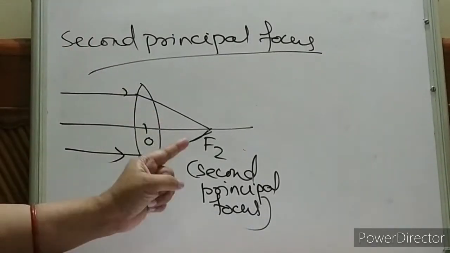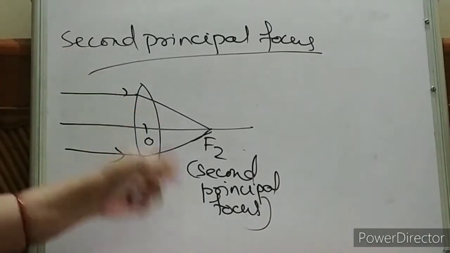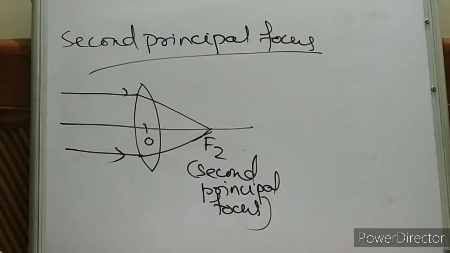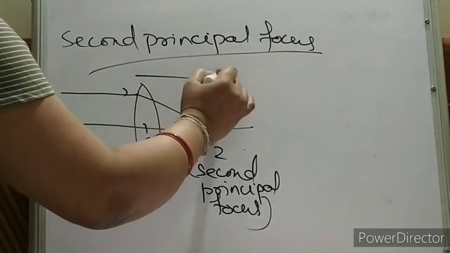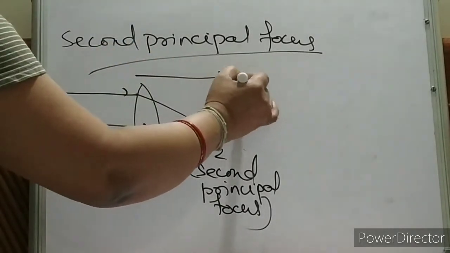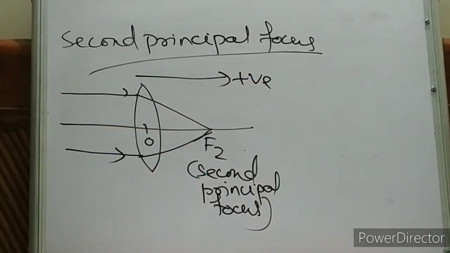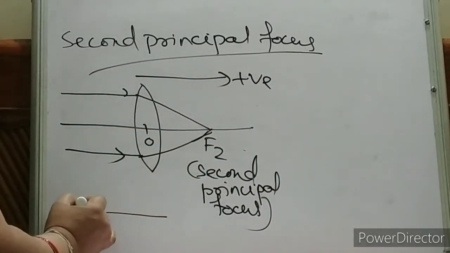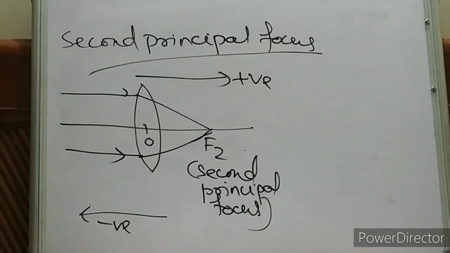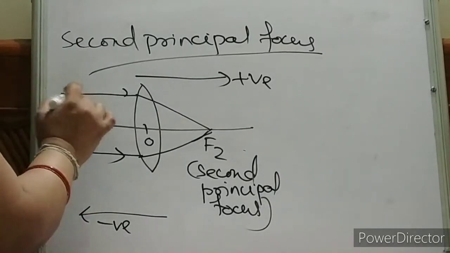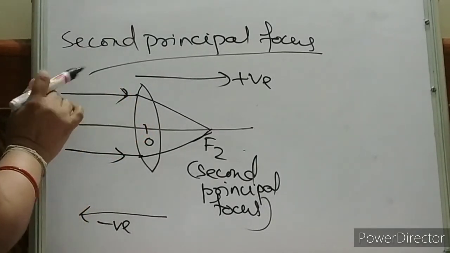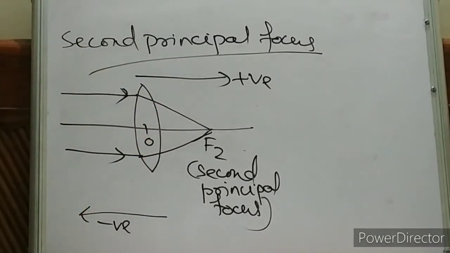And in case of a mirror, we have always discussed how to take the positive and negative things. From left to right, this is positive. Okay children, and this is your negative sign. Now rays of light are going from left to right. Okay children, how do you measure the focal length?